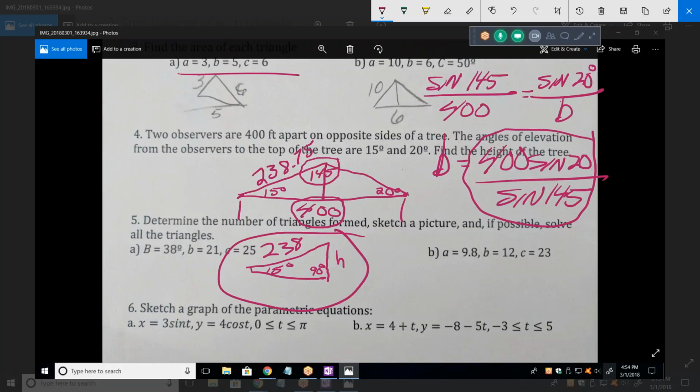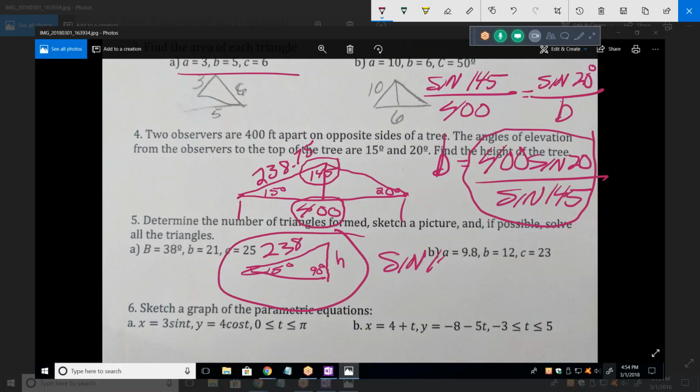In other words, because we're now looking at a right triangle, we can just go back to our definitions of trig functions. What trig function relates h to 238, which are the only two sides we have?